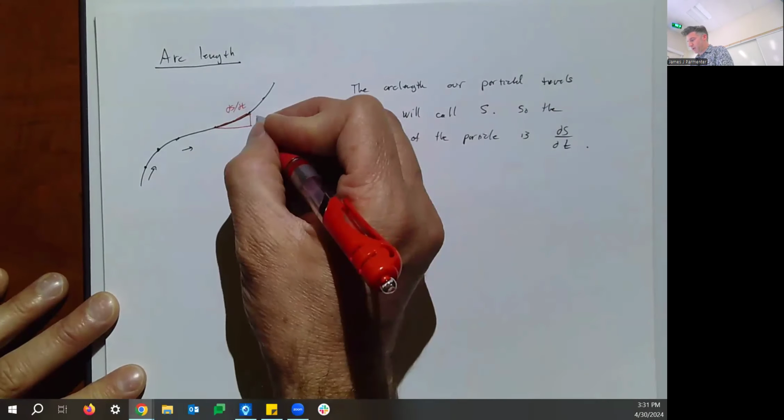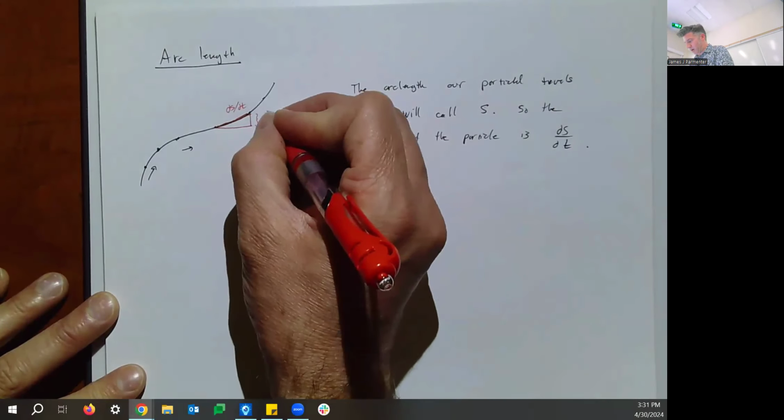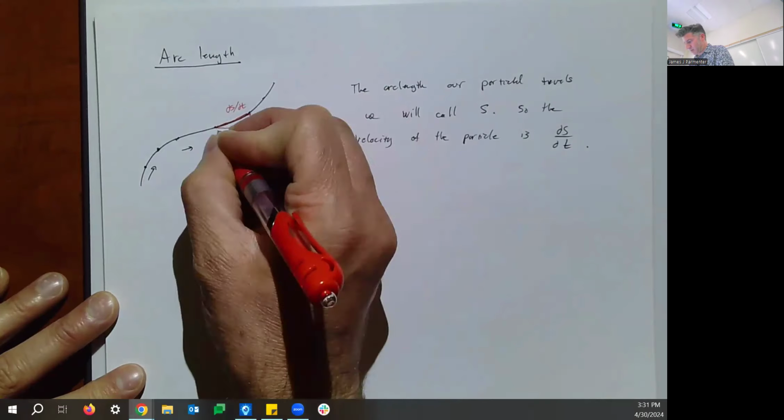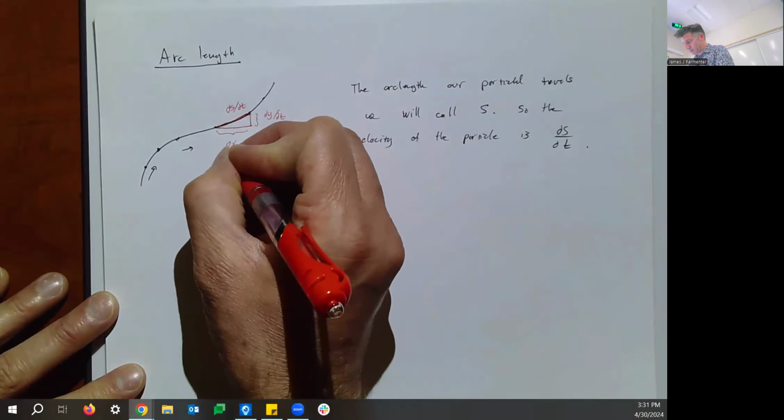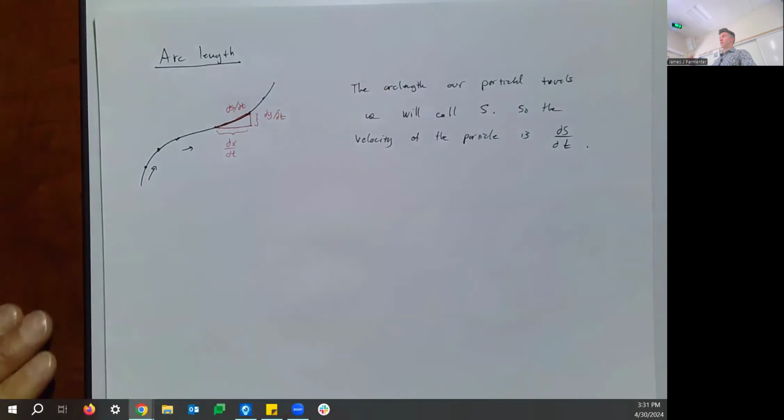Well, this part here is really a change in y, and this part here is really a change in x. So you've got the velocity in the x direction and the velocity in the y direction being components of the vector that's the velocity in the s direction.